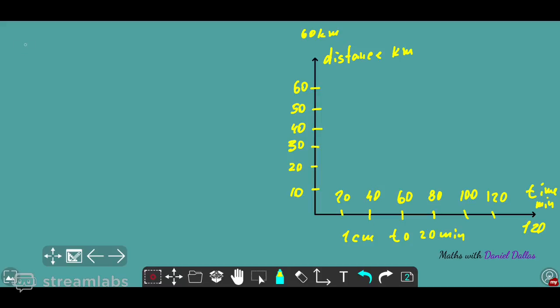So the first statement, no. You know only that Sarah traveled to meet Dave, who was 60 kilometers away. The time is not specified right now, yeah? It is known that the total travel distance is 60 kilometers. So total travel distance.